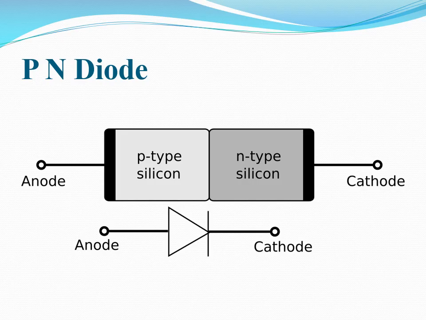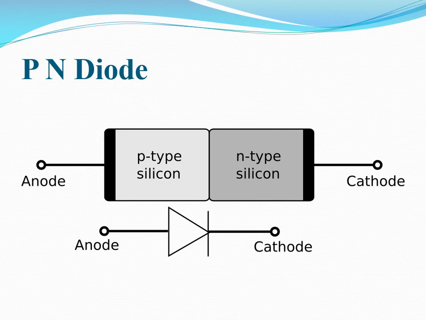Next is the PN diode. When you connect P with N and connect a battery in forward bias, this will create a PN junction diode. So there is a P-type silicon connected with N-type silicon, and when you connect a battery and it works in forward bias, this will create a PN junction diode.